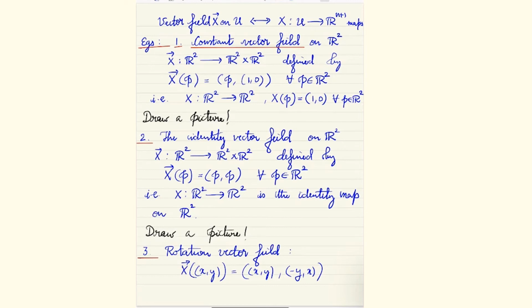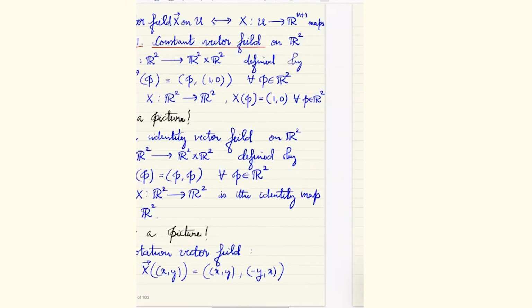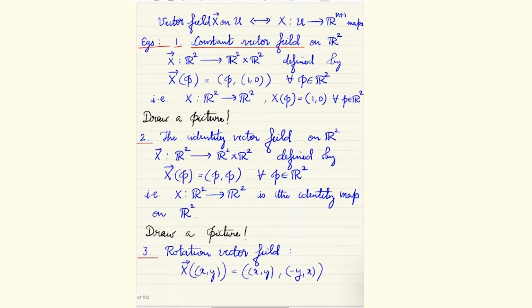From x plus iy you get minus y plus ix, so it's multiplication by i, a rotation by pi by 2. So what is the associated function? Maybe I should write it here as well.